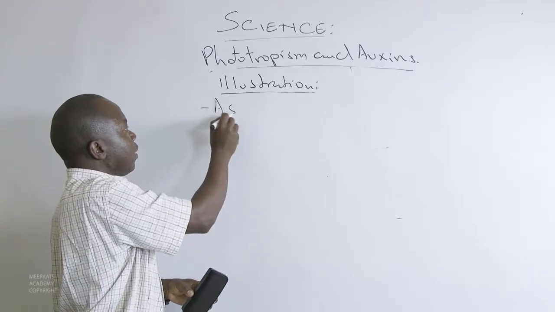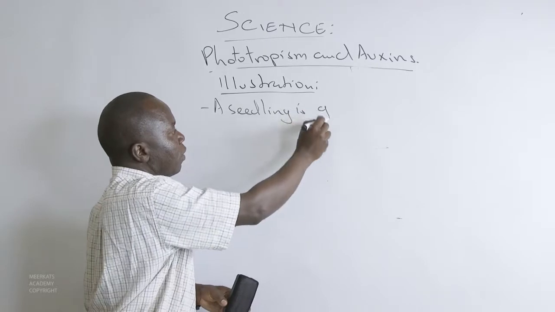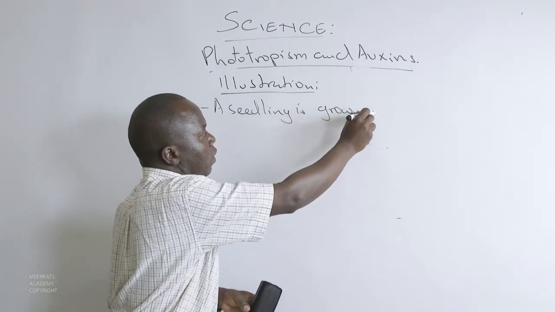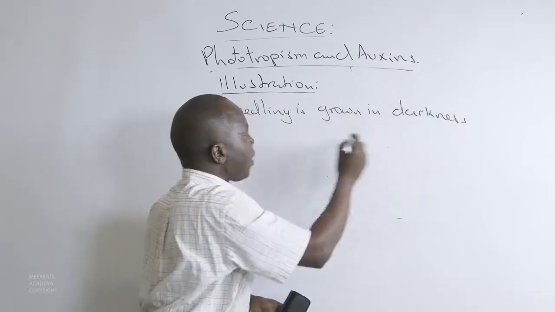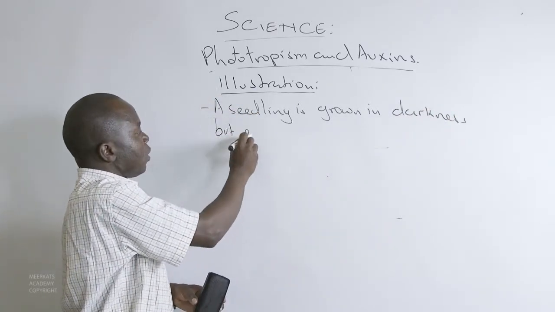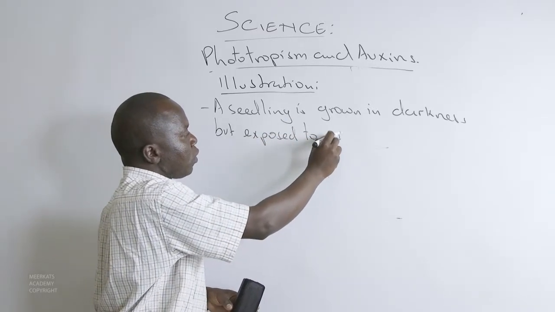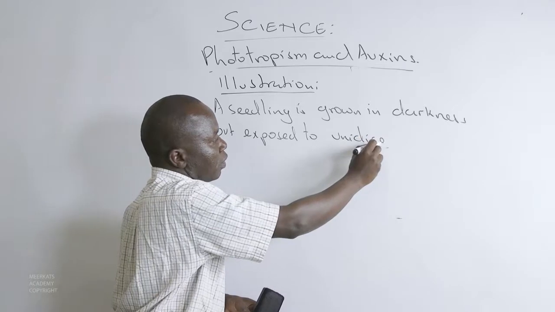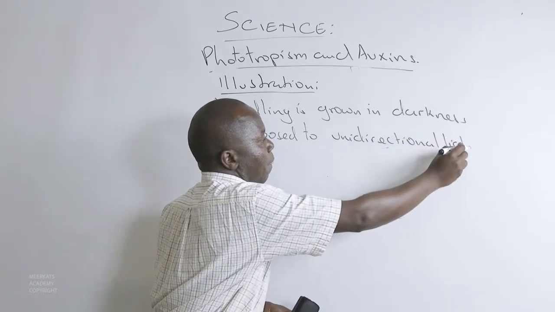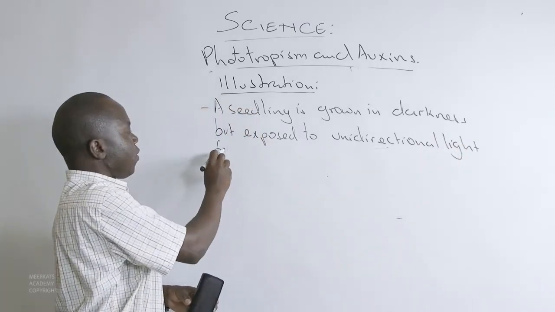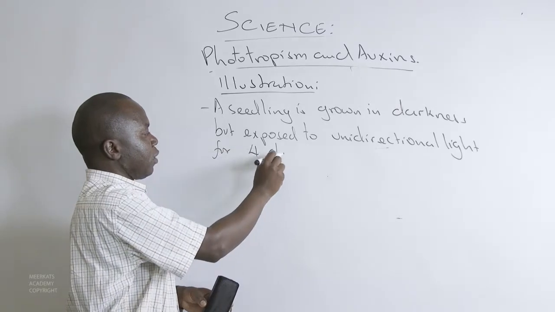A seedling is grown in darkness but exposed to unidirectional light for 4 days.